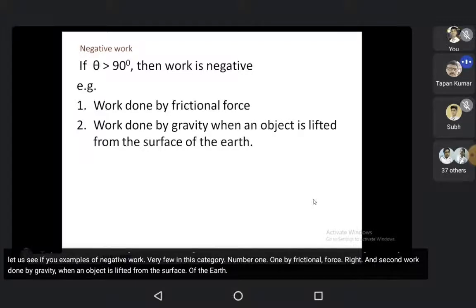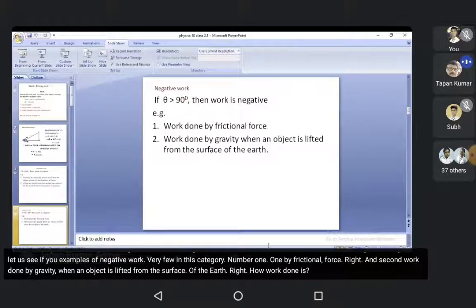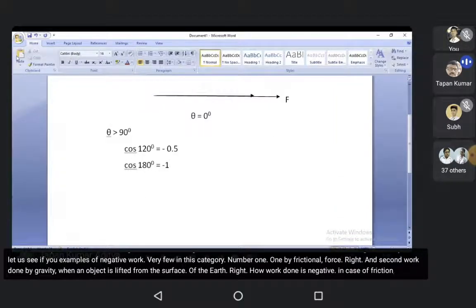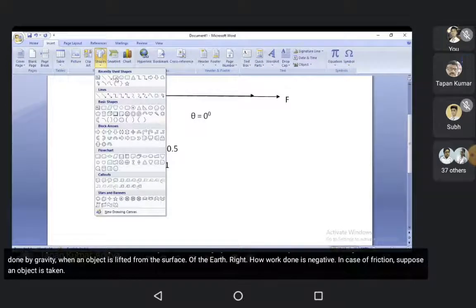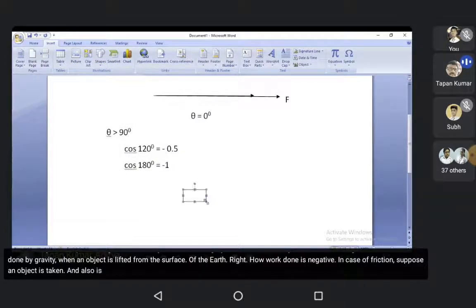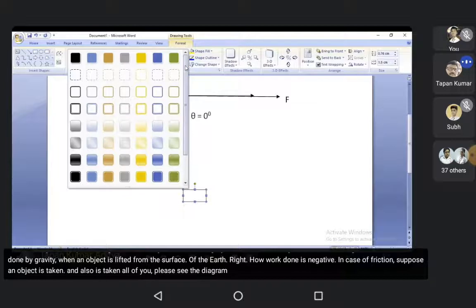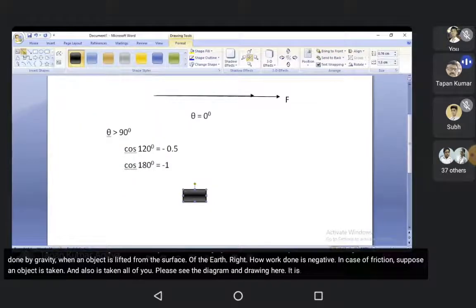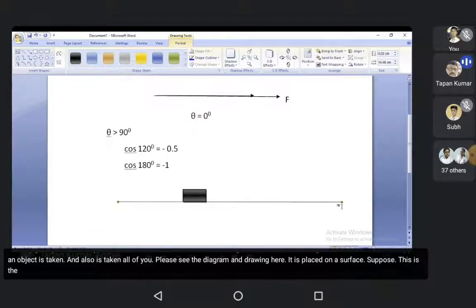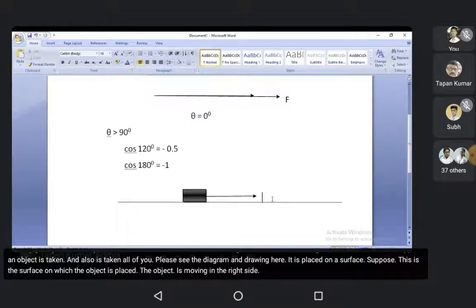How is work done negative in case of friction? Suppose an object is taken. Please see the diagram I'm drawing here. It is placed on a surface. Suppose this is the surface on which the object is placed. The object is moving to the right side.